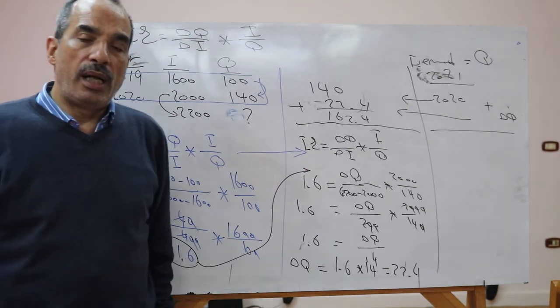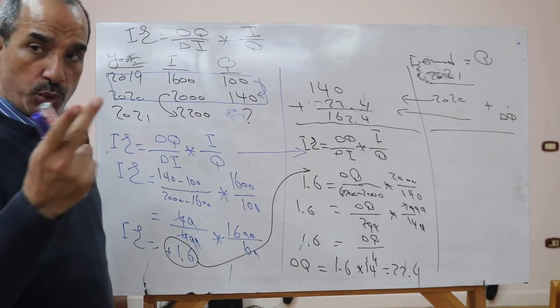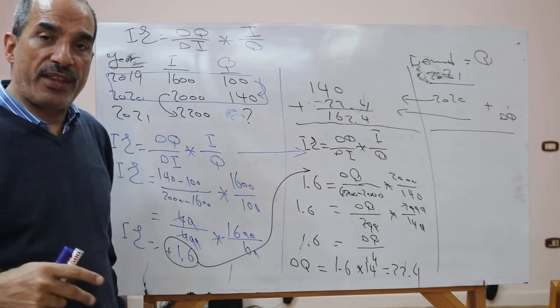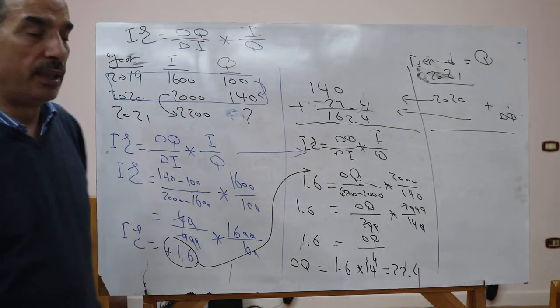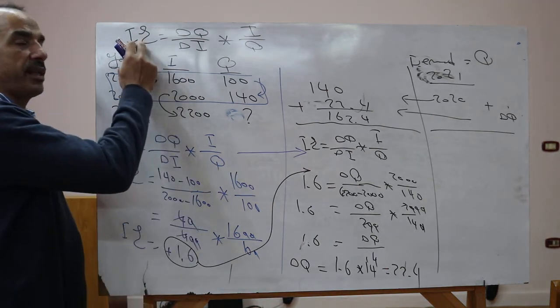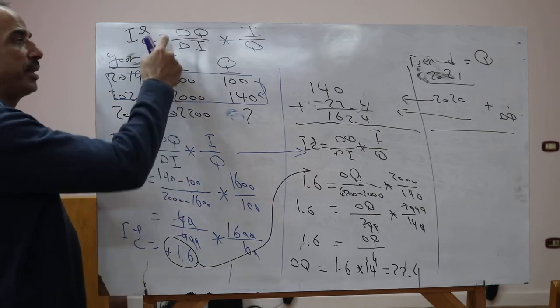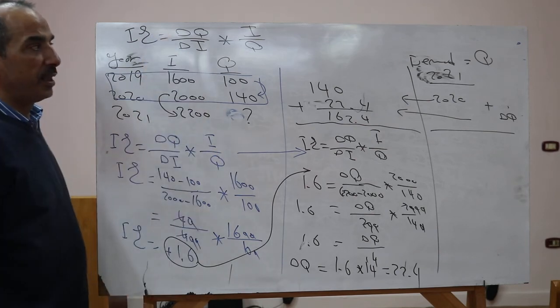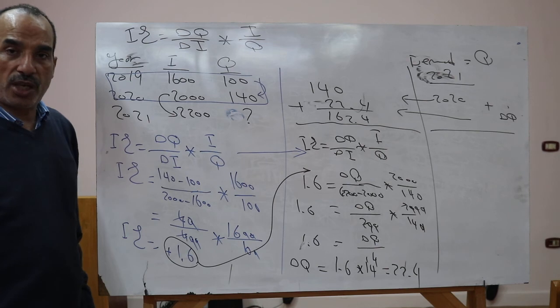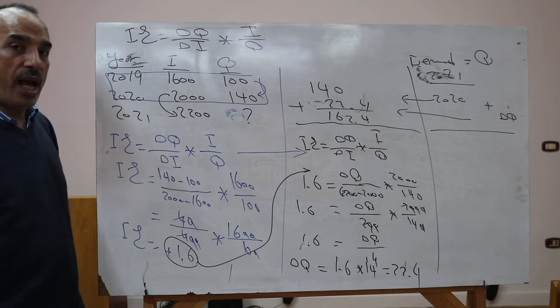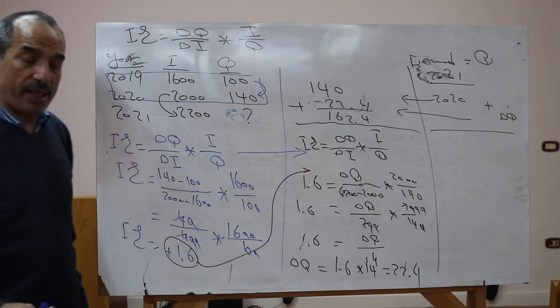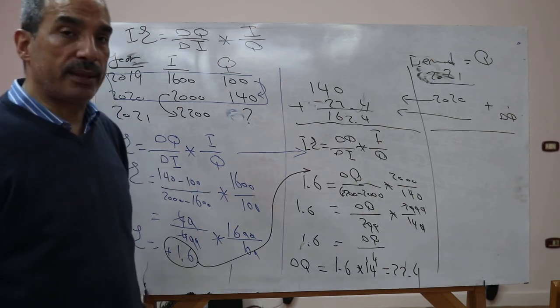Now, we talk about two ways to find the product in the future. Number one, price elasticity: change in quantity over change in price times price before change over quantity before change. And we have a negative relation between price and quantity.